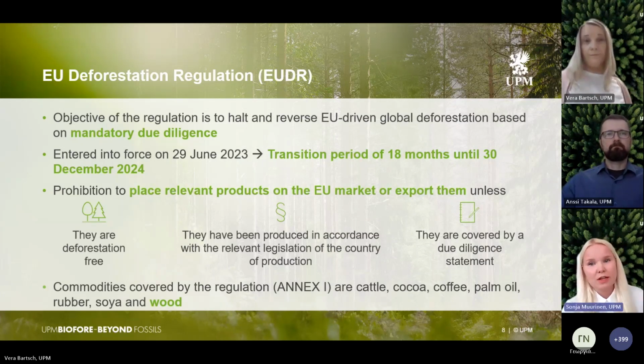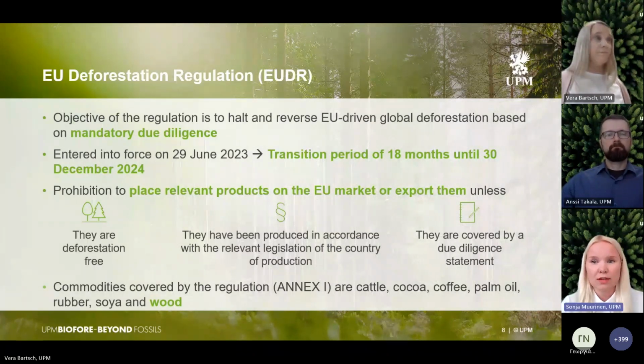So the goal of this regulation is to halt and reverse EU-driven global deforestation based on mandatory due diligence. The regulation came into force in June last year, and we are now nearing the end of the transition period, which concludes on December 30th this year.